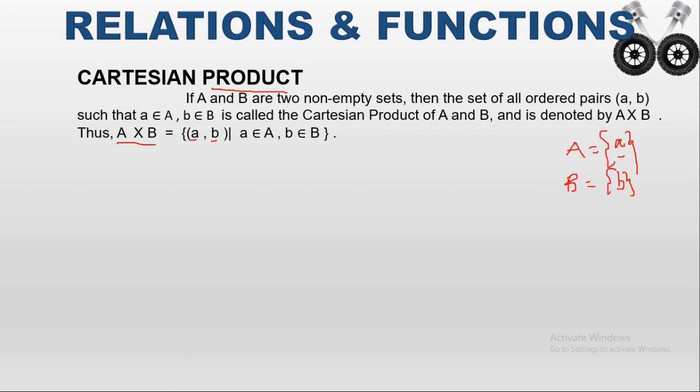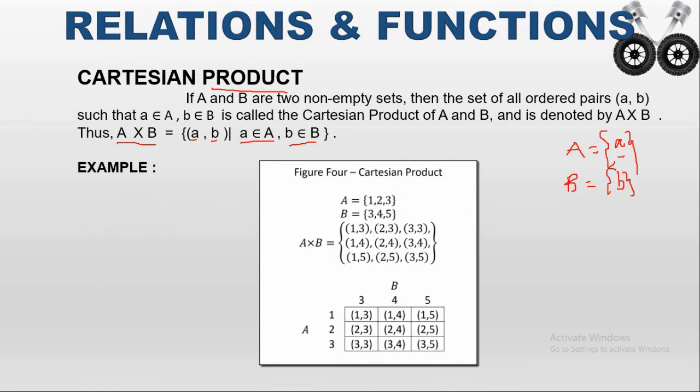So A cross B is (a, b). Here a belongs to the set A, and b belongs to the set B. So the Cartesian product A cross B equals (a, b), where a belongs to A and b belongs to B.